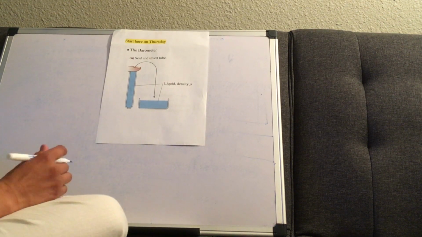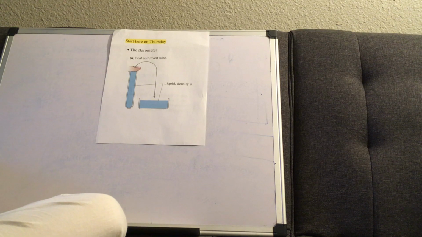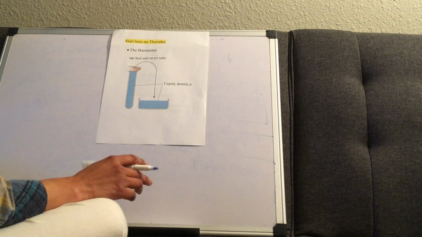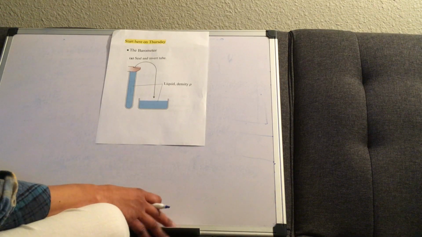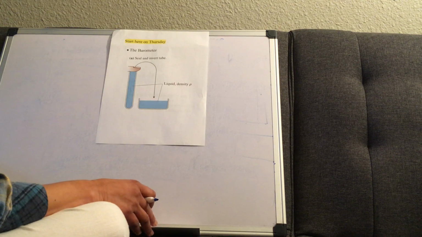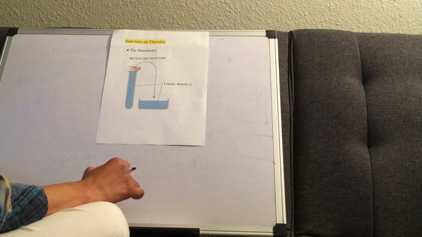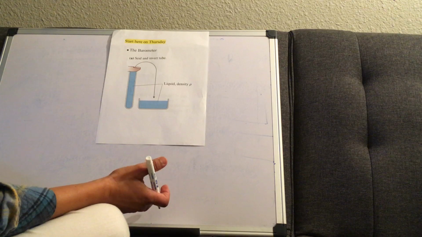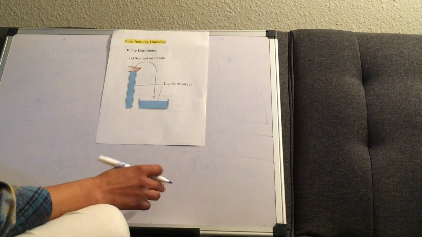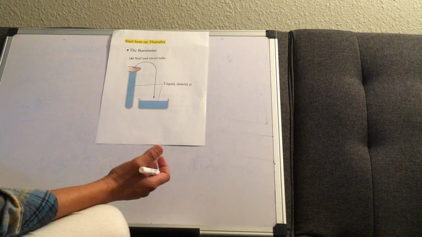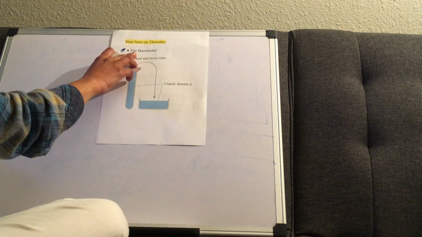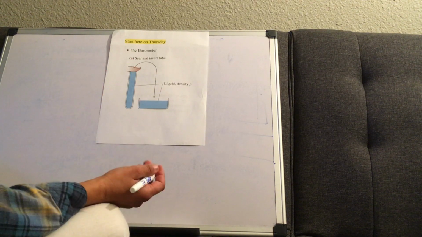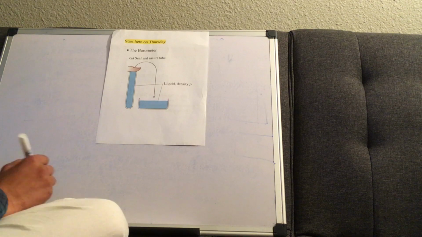Okay, so another example here is another instrument that is used to measure atmospheric pressure. Manometer is used to measure gauge pressure, here really the pressure of a fluid. This barometer is basically an instrument to measure atmospheric pressure.